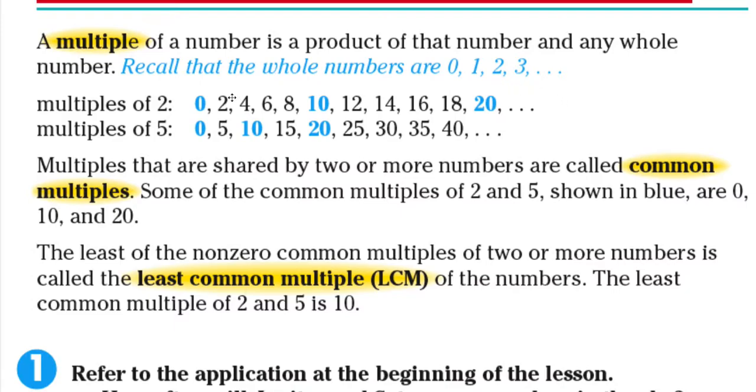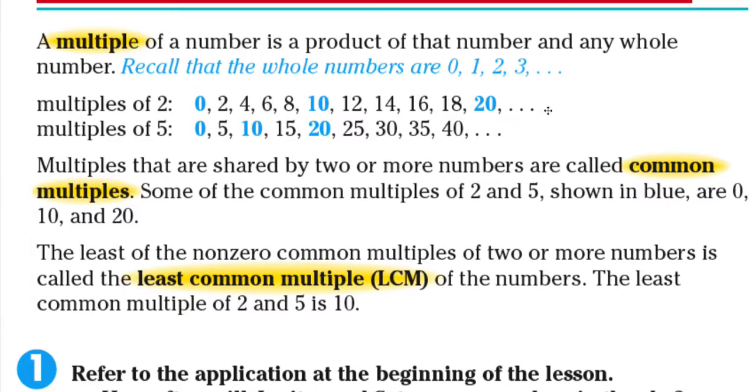When you talk about multiples of 2, since a multiple of a number is a product of that number and any whole number, when you multiply 2 by 0, you end up with 0. 2 times 1 is 2, 2 times 2 is 4, 2 times 3 is 6, 2 times 4 is 8, 2 times 5 is 10, 2 times 6 is 12, and so on.